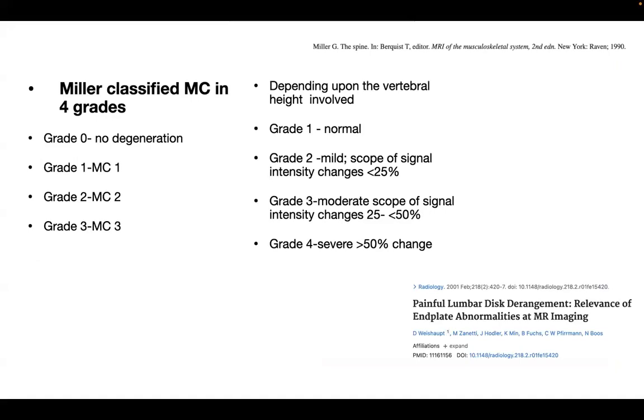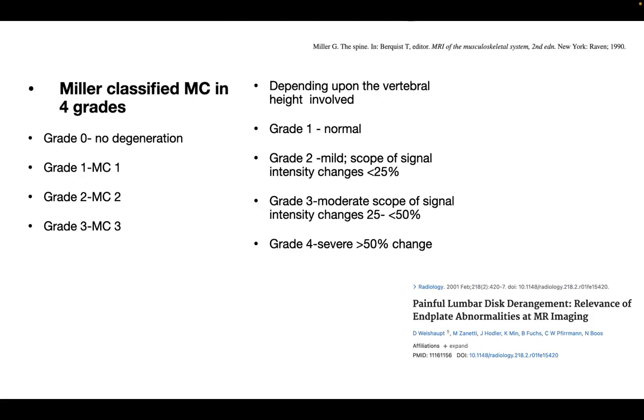Miller classified Modic changes into 4 grades, from grade 0 to grade 3, where grade 0 is no degeneration or normal, grade 1 is Modic changes type 1, grade 2 is Modic changes type 2, and grade 3 is Modic changes type 3.